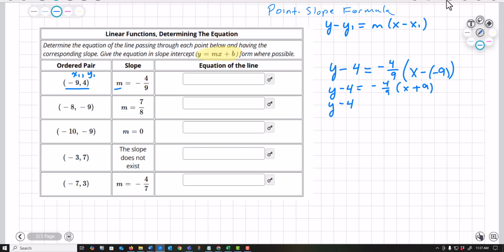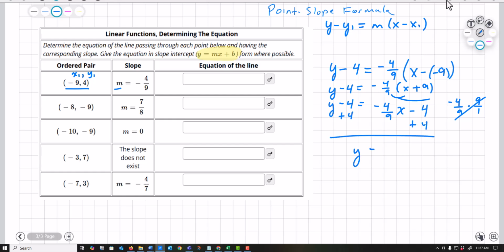y minus 4 equals, I'm going to distribute that, negative 4/9 x. And notice here, when I distribute it, it becomes what? Negative 4/9 times 9/1. Isn't that beautiful? So we get rid of the fraction. Now I have to add 4 on both sides.